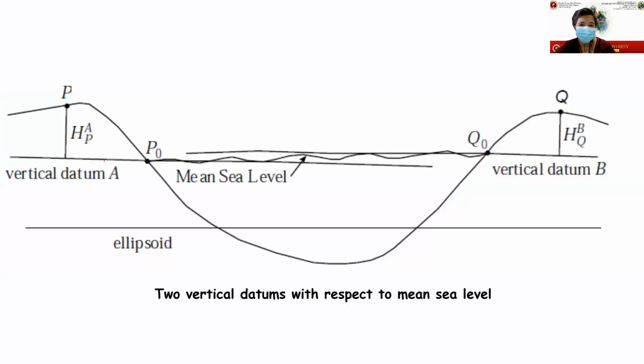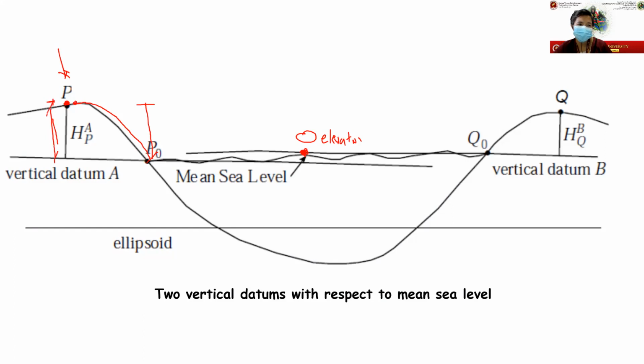Okay. So this is the mean sea level, determined over a 19-year cycle. This is now the zero elevation, and then you have a certain point on the surface of the Earth, P. The elevation is determined here: a direct leveling is run through point P, and this is the height of P from 0.